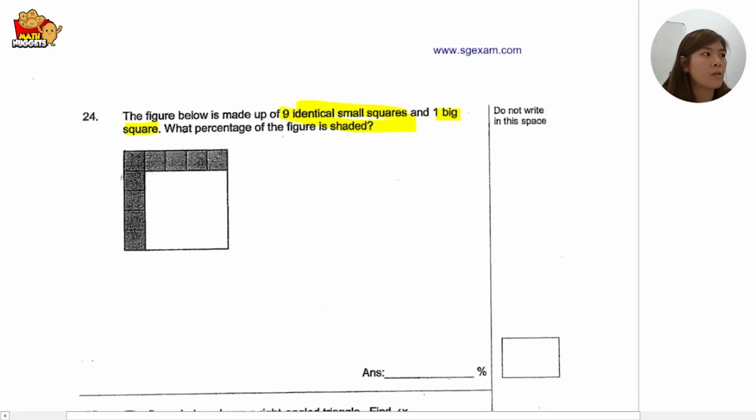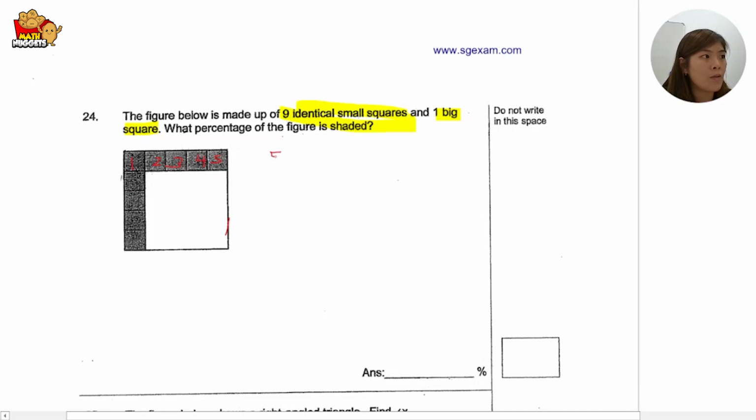First, we need to know how many small squares are in this one big square. Because this is a square, here we have 1, 2, 3, 4, 5, meaning here also 5.